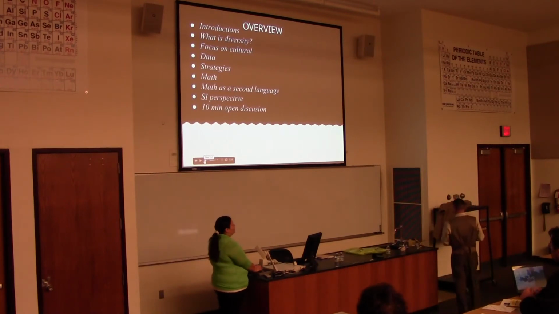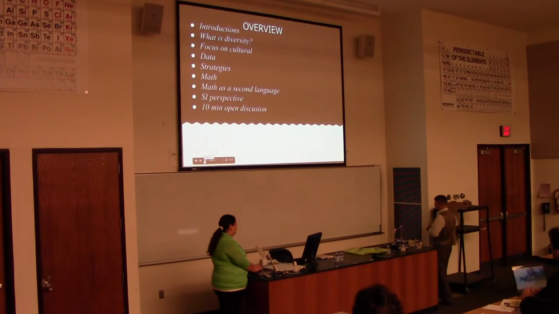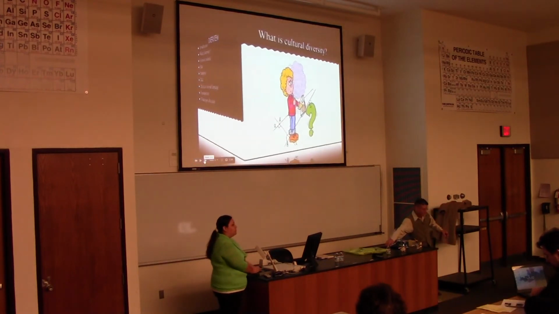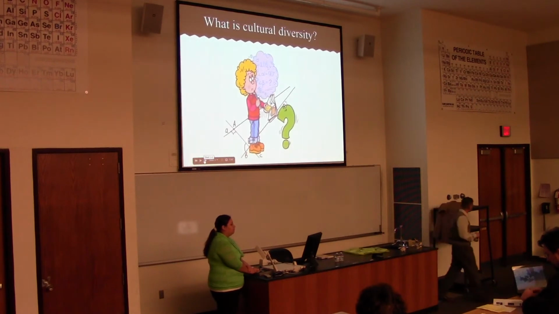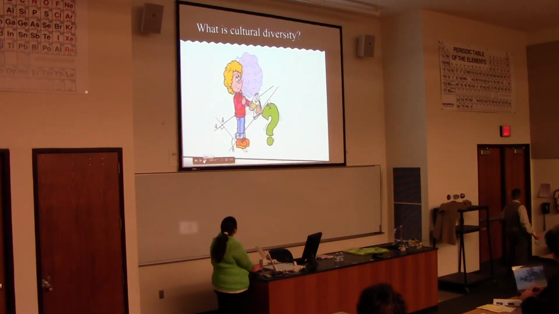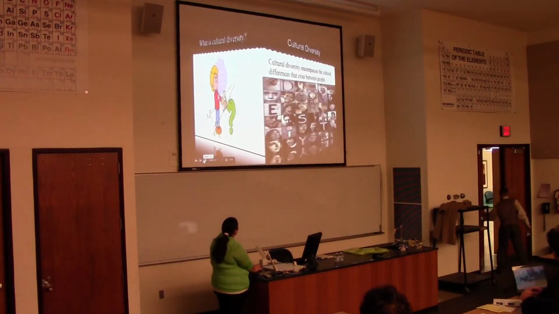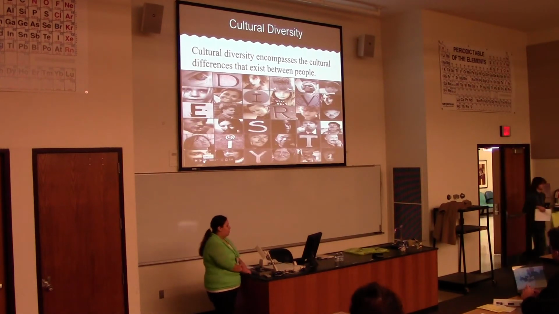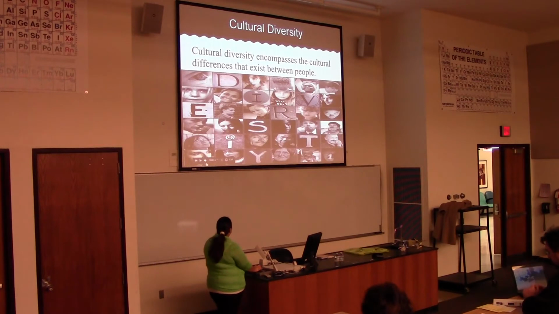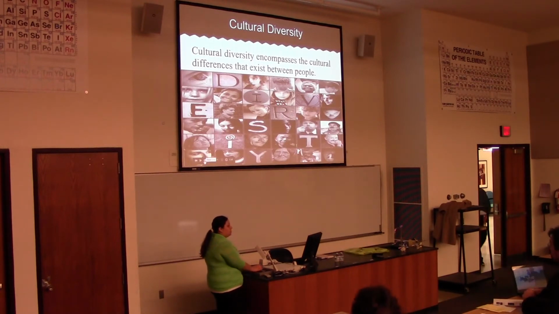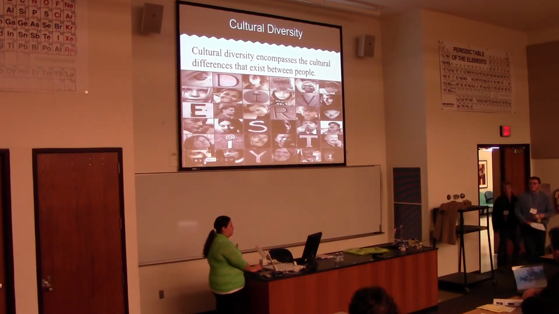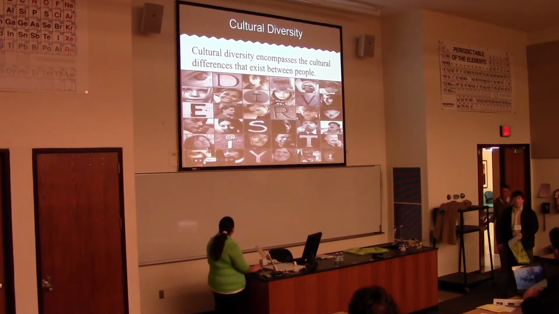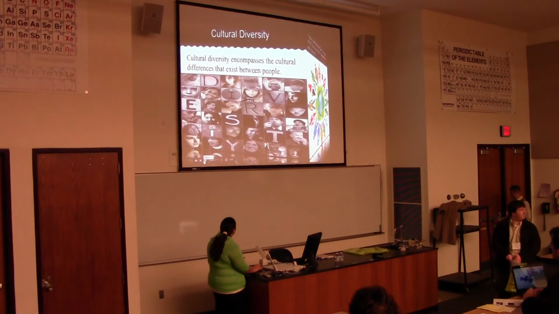Okay, so we're going to have a little overview. We're going to start with what is cultural diversity? Cultural diversity is the cultural difference that exists between people. And when we talk difference between people, it goes a little bit beyond skin color or anything else.